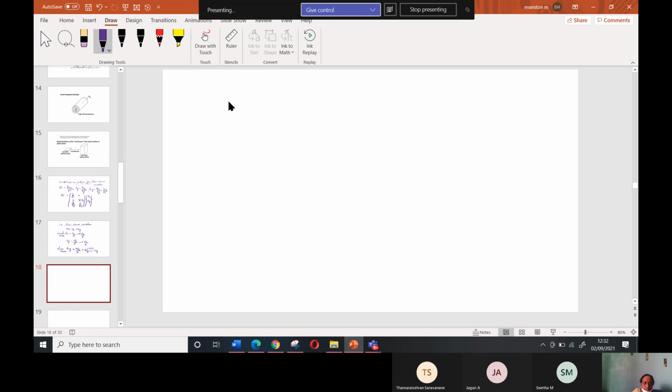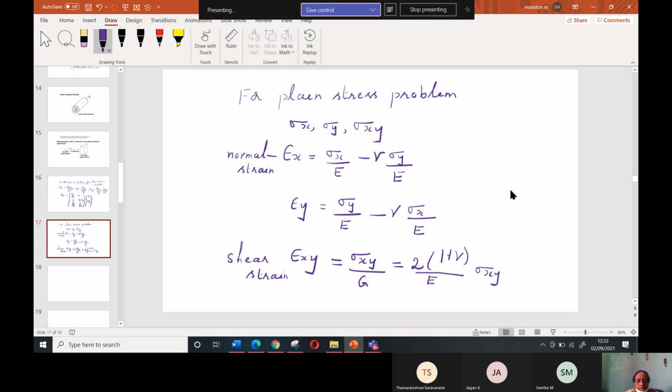If we take sigma x and sigma y, let us take this as equation 1, and this is equation number 2. Can you find out the value of sigma x and sigma y from this?